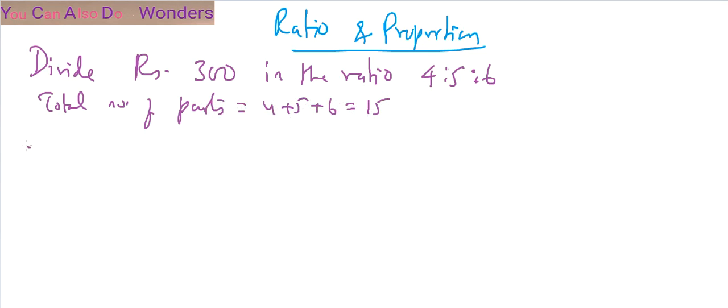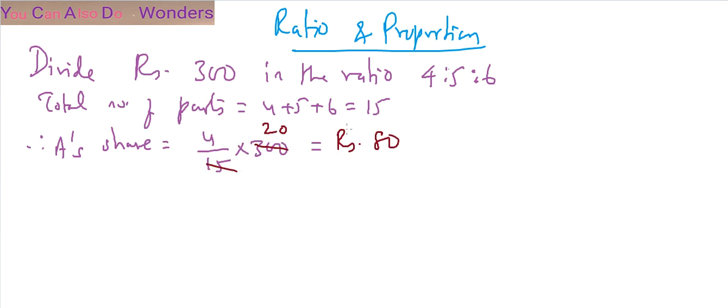Which means A's share is 4 by 15 of the total amount. So 4 by 15 of 300. So here 15 and 30, 2 times 20. So rupees 80.